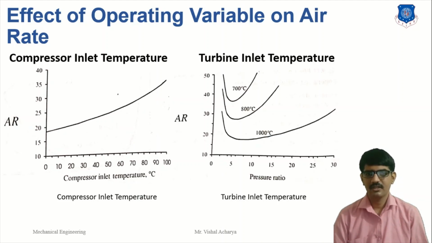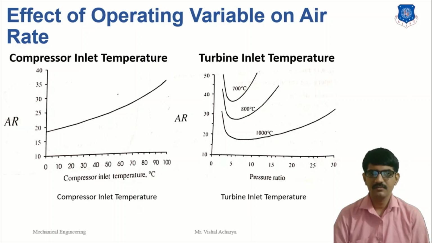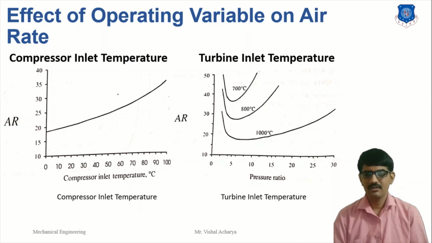The second parameter is the turbine inlet temperature. At a higher turbine inlet temperature, at a given pressure ratio, as the temperature increases, the air ratio decreases. After the optimum pressure ratio, if you increase the pressure, the air requirement is higher at any pressure, as shown in the figure. At 700 degrees Celsius it first decreases then increases, same for 800 degrees Celsius, and the same for 1000 degrees Celsius.